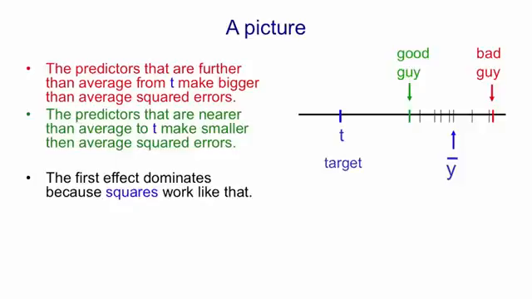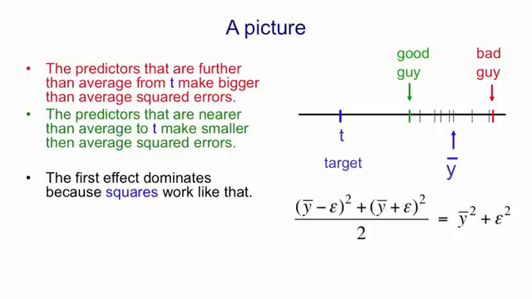So if you look at the math, let's suppose that the good guy and the bad guy were equally far from the mean, so the average squared error they make is y bar minus epsilon squared plus y bar plus epsilon squared. And when we work that out, we get the squared error that the mean of the predictors makes plus an epsilon squared. So we win by averaging predictors before we compare them with the target.